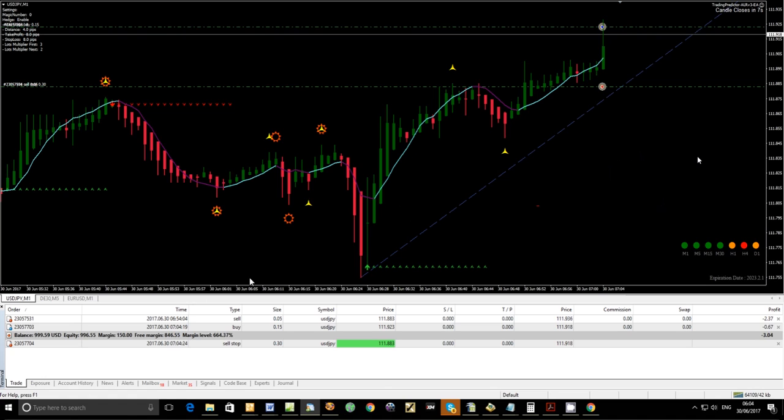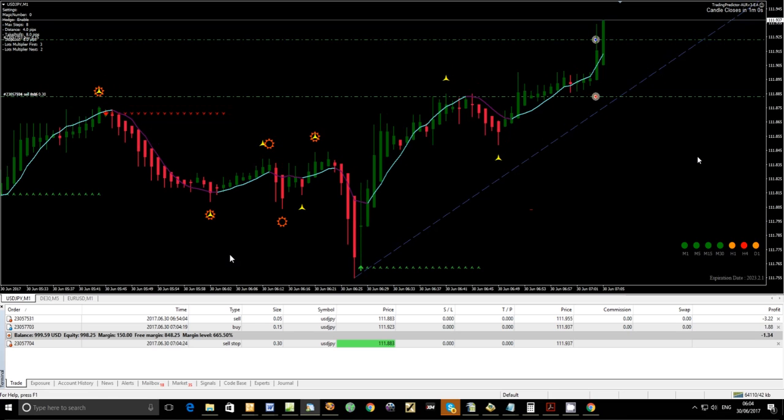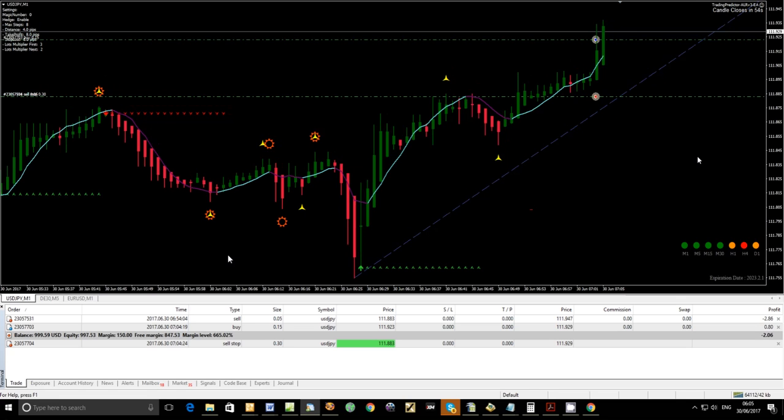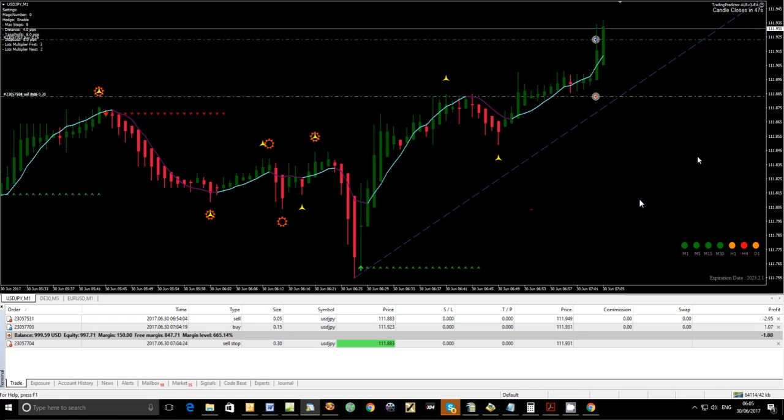So we then just have to wait for this to reach its 8 pips take profit, and we'll be in the money. So even if it was to reverse on us again, that wouldn't matter, because the ALR would place a sell trade once it comes out of the zone and comes down again.